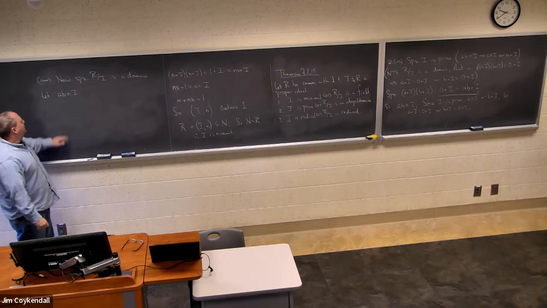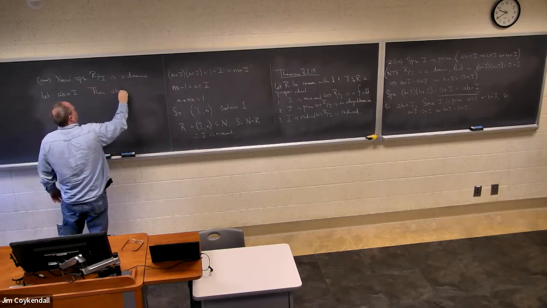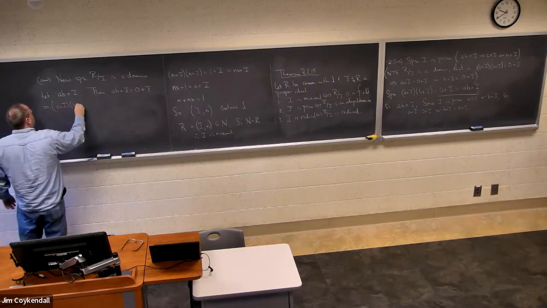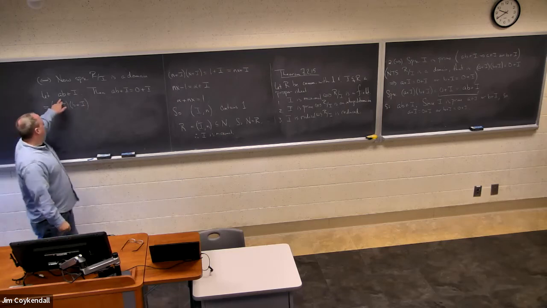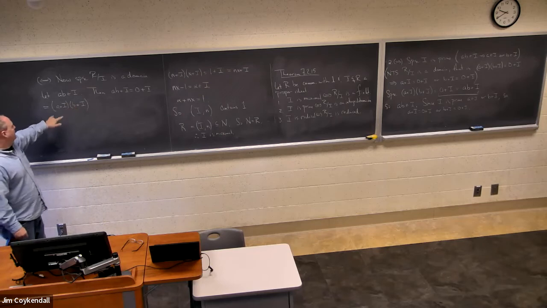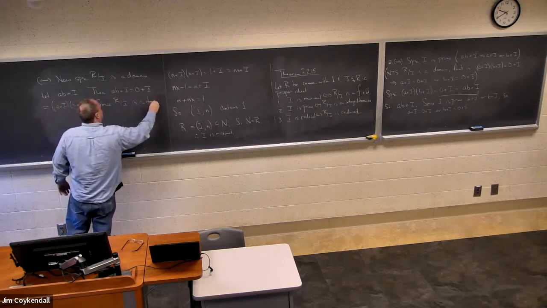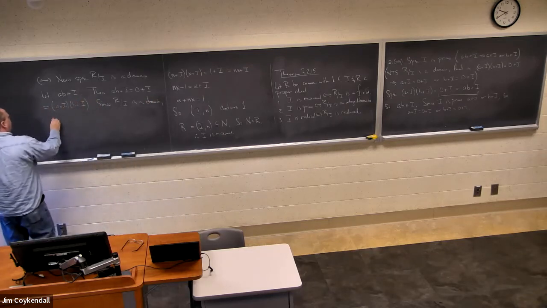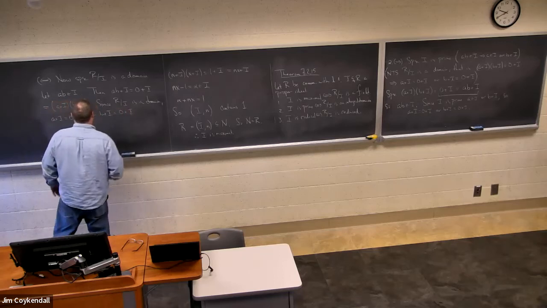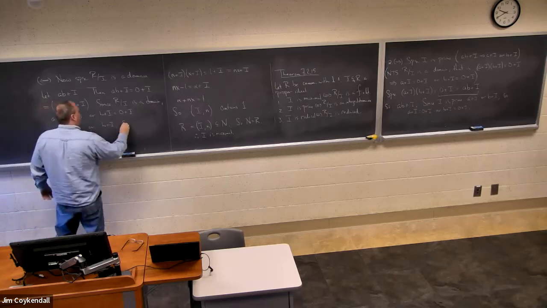Suppose ab is in I; we need to show that either a or b is in I. If ab is in I, then ab plus I is 0 plus I, which you can decompose as a plus I times b plus I. And since R mod I is a domain, this means that a plus I is equal to 0 plus I, or b plus I equals 0 plus I. And of course, this is equivalent to saying a is in I or b is in I.